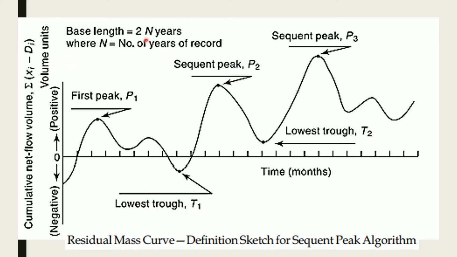It can be number of years, number of months, or maybe even days, and it depends on what is given in the problem. And we have here the time and the volume.